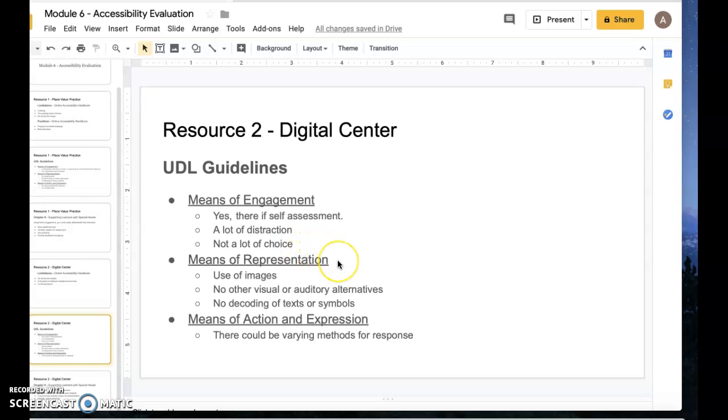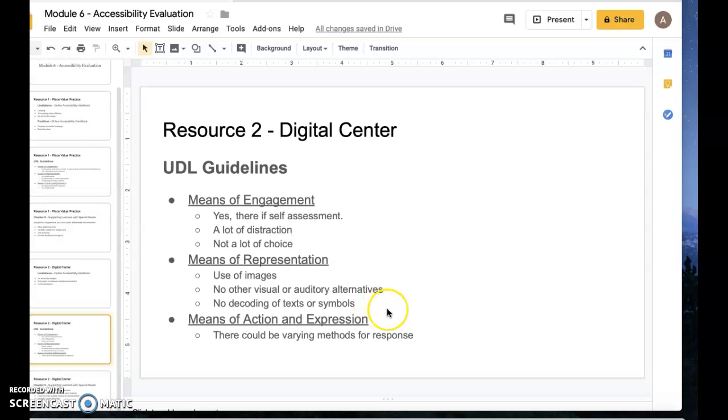For means of representation, there was use of images for the words that they were using, but there really was no other visual or auditory alternatives, no decoding of texts or symbols. I mean, students might need help of what's the period, the question mark, the exclamation mark.